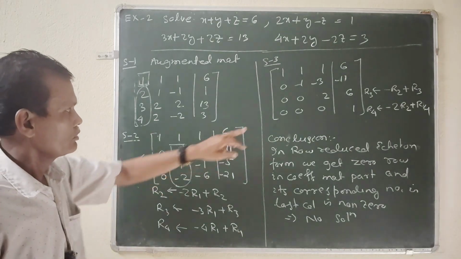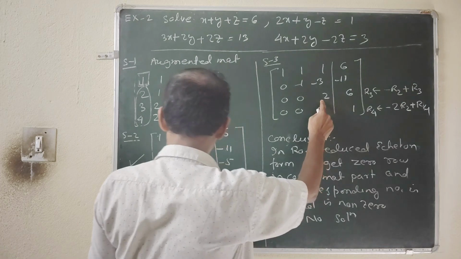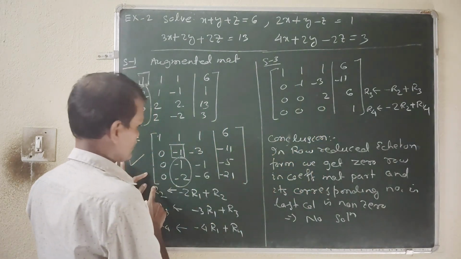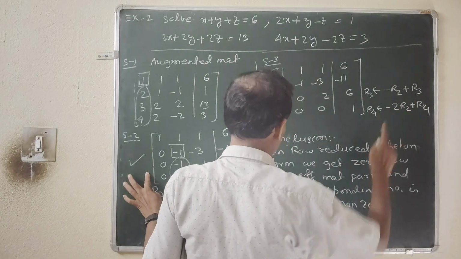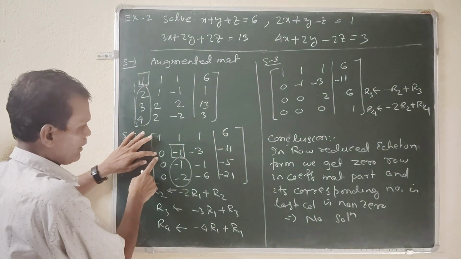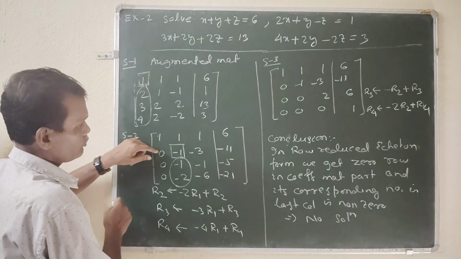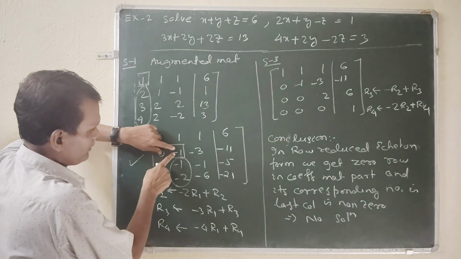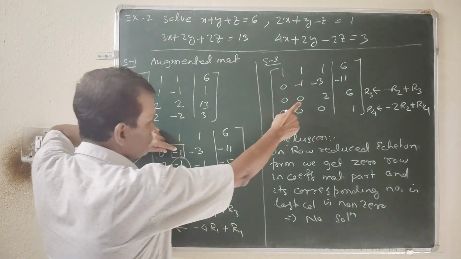Now you come to row 3, how we have made it. This row will be made from the second step. What is the law? Row 3 is minus r2 plus r3. So in row 2 you multiply by minus 1 and then add that result to this. Minus 1 into minus 1 is plus 1, add this, so that becomes 0.